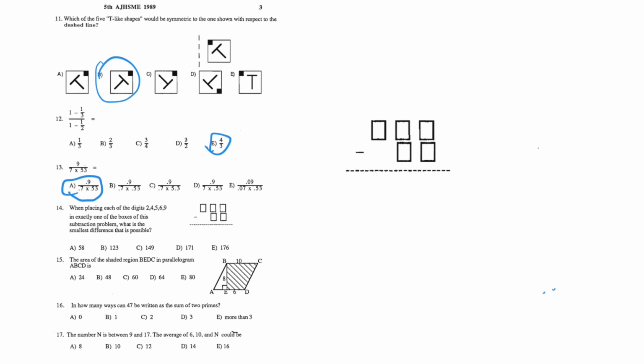Smallest 3-digit number, use the 5 digits, must be 2, 4, 5, that's the smallest. The rest, the 6 and the 9, largest is the 96. So the answer is the 149. That's the C.